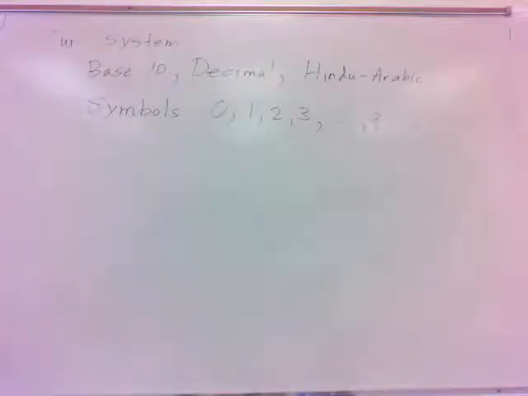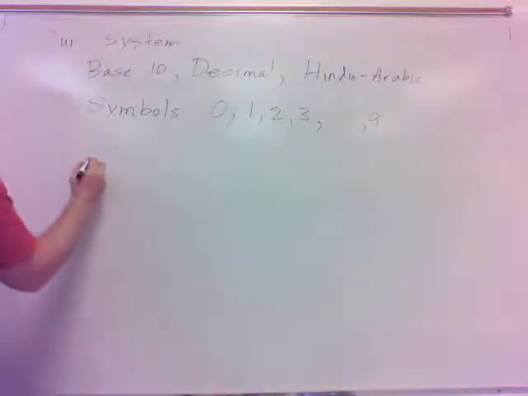Well, our system is very much positional, because when we put those numbers together in a longer number, the position determines the number, right? And it's all based on powers of 10.